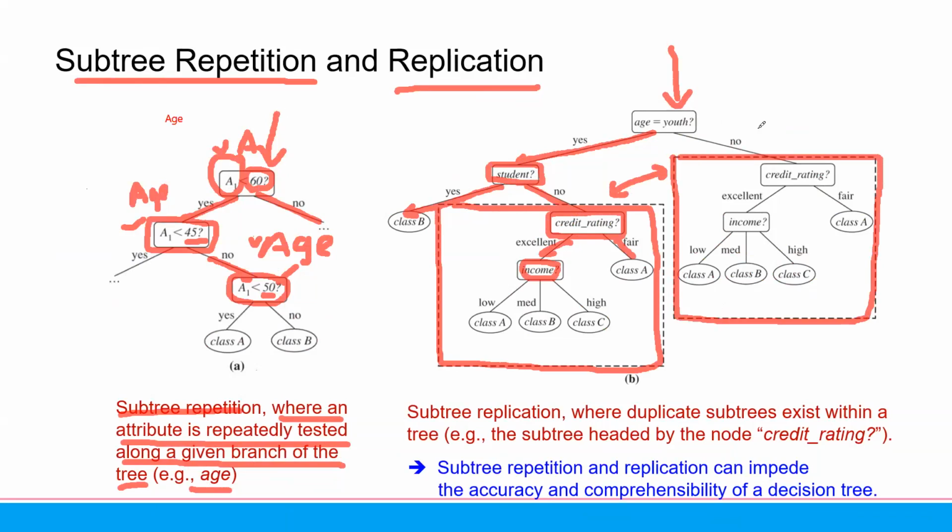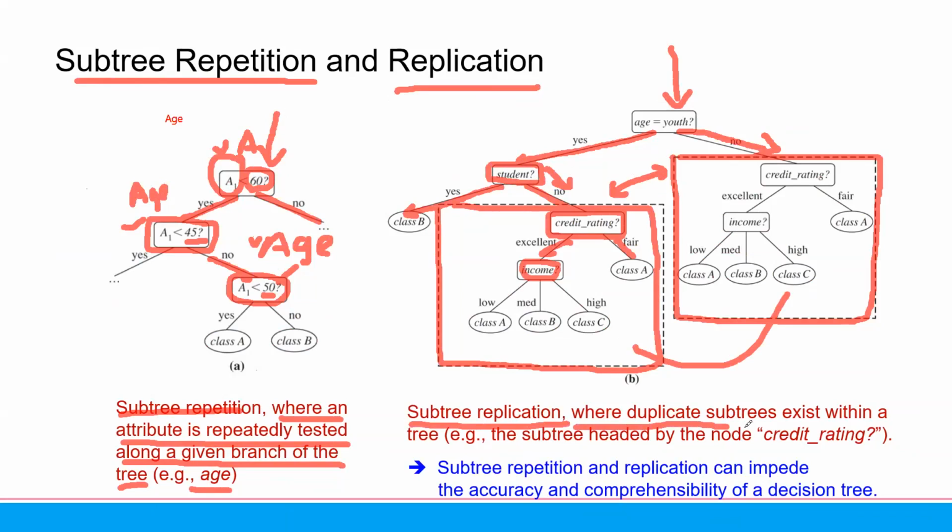But it is from the attribute age, and this is from the attribute student. Okay. Even though they are from different branches, they are the same subtree. So we call this subtree replication.